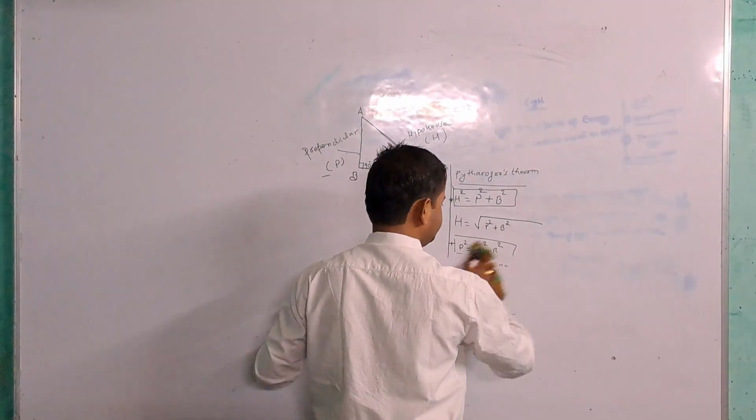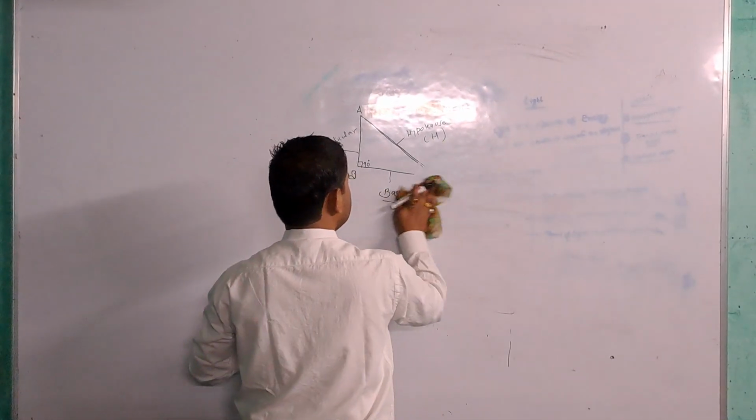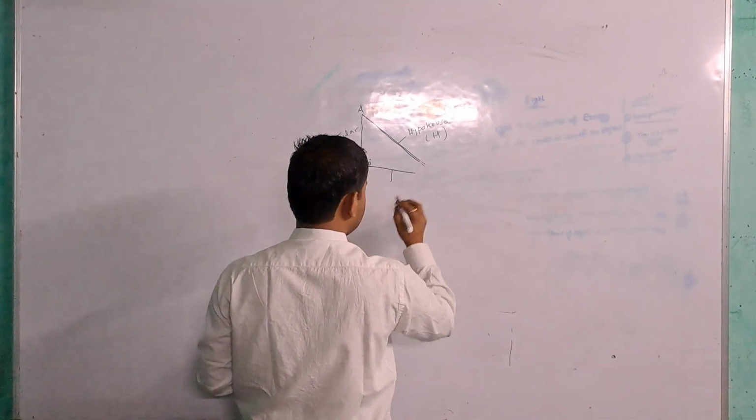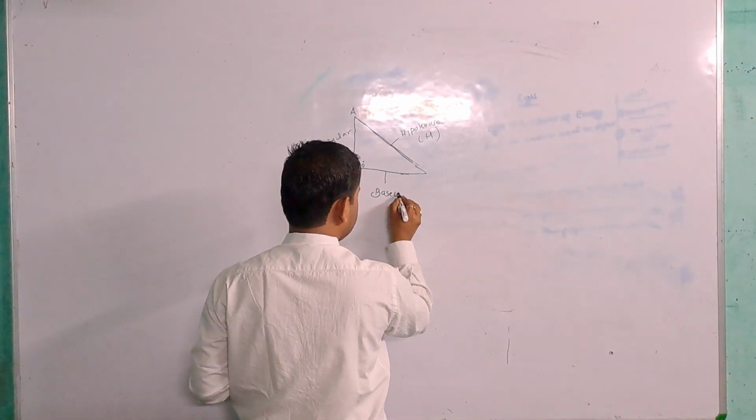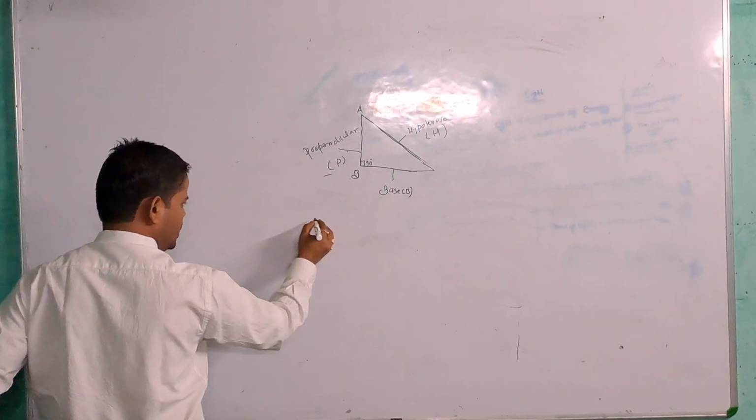In trigonometry, there are some basic relations. And what is the basic relation? What is sine theta?